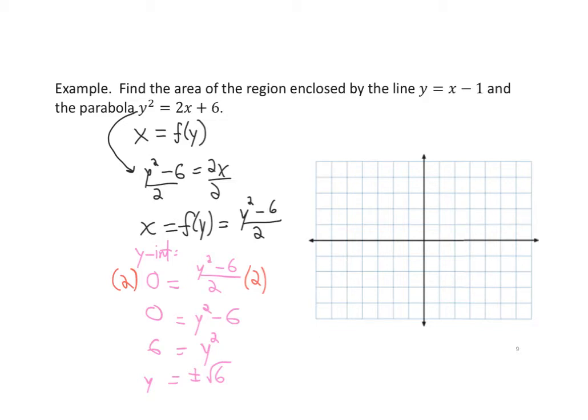Square root of 6, let's see, square root of 1 is 1, square root of 4 is 2, square root of 9 is 3. So that means square root of 6 is somewhere between 2 and 3, probably a little closer to 2. So I can graph these points here.